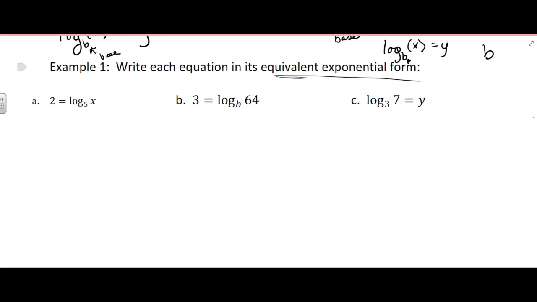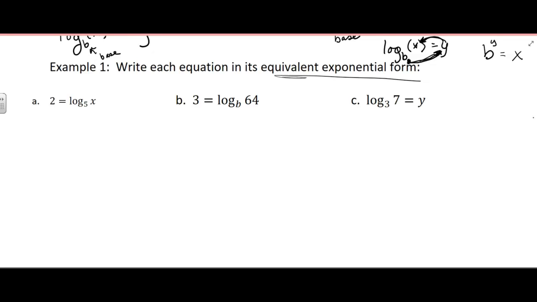You take the base, so you start down here, you go across and get that exponent, y, and it equals the argument, x. That's how you do it. You start down here at the base, you go get the exponent, and then you go over and pick up what it equals. Some people tell me that's a snail. If you want it to be a snail, it can be a snail.